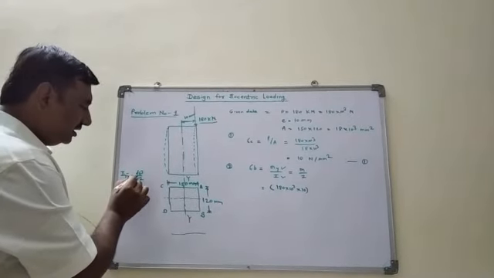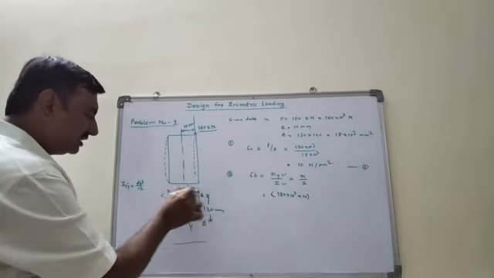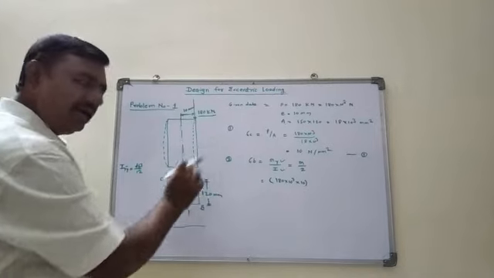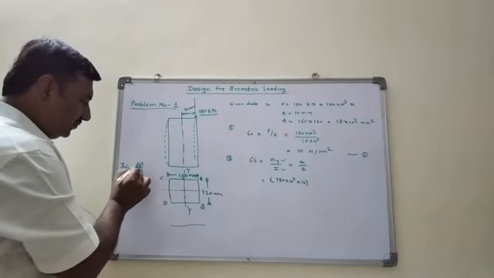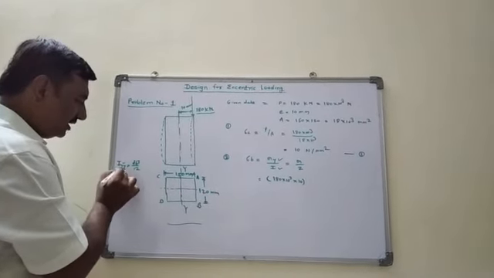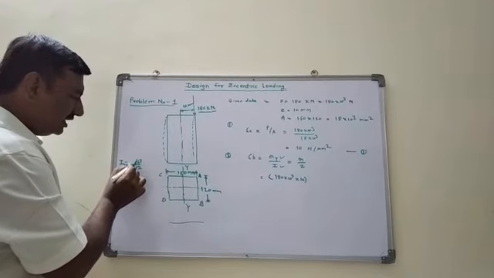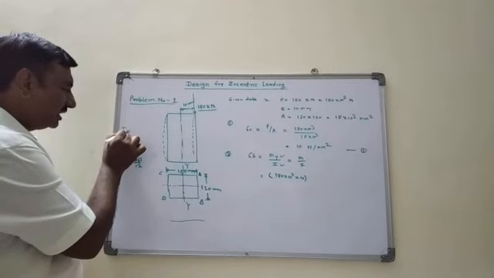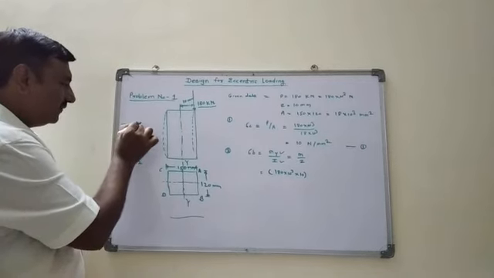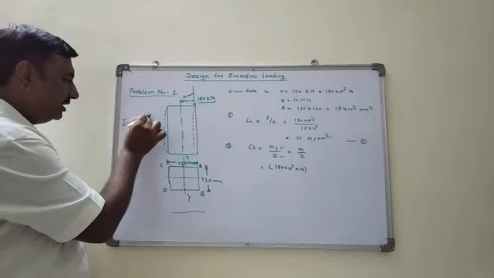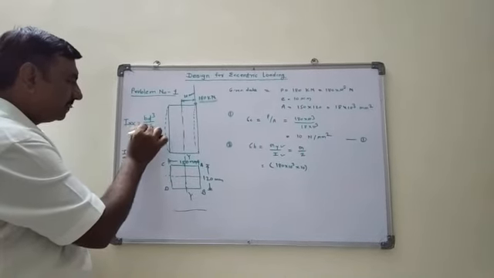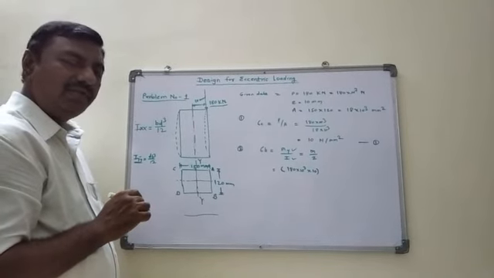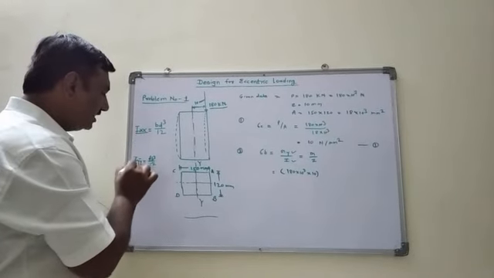This d is the vertical distance, and this b is the horizontal distance, the width and the height. When we calculate the moment of inertia about y, the equation is d b cube by 12, and when we calculate Ixx, the equation becomes b d cube by 12. Very simple to remember, to avoid mistakes while calculating Ixx and Iyy.